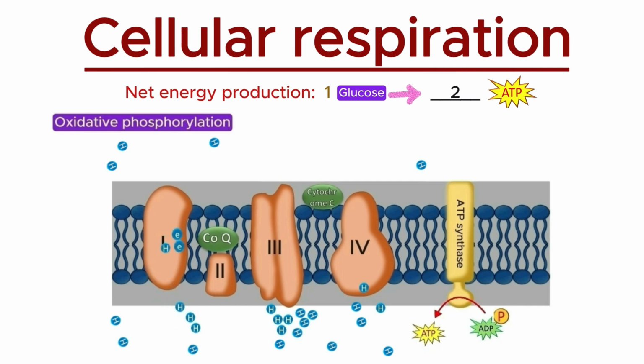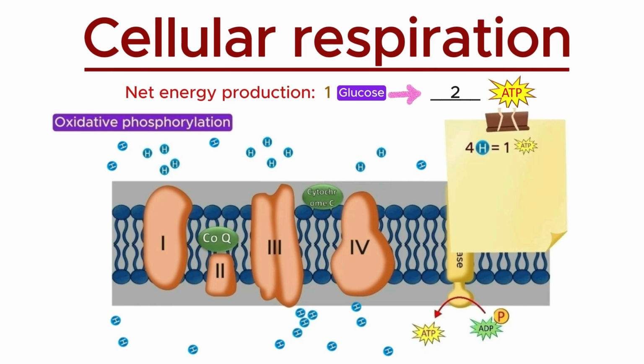As electrons move through the electron transport chain, they drive the transport of protons across the inner mitochondrial membrane. Each NADH molecule results in the transport of 10 protons across the membrane. Since it takes 4 protons to generate 1 ATP molecule, the oxidation of 1 NADH generates approximately 2.5 ATP molecules.